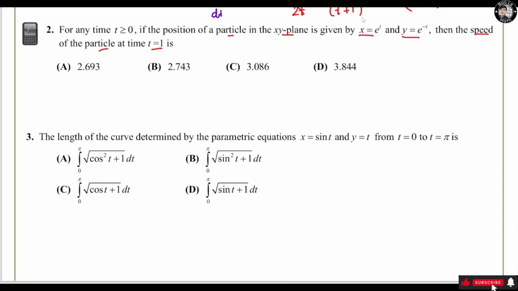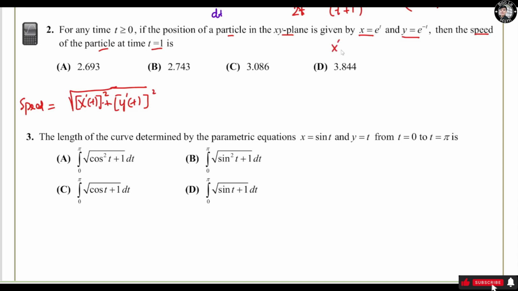Alright, so we know that the speed is given by the formula square root of x prime of t squared plus y prime of t squared. Now we need to take the derivative of this one with respect to t.